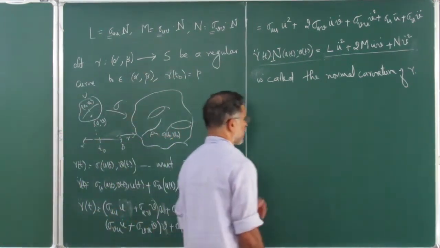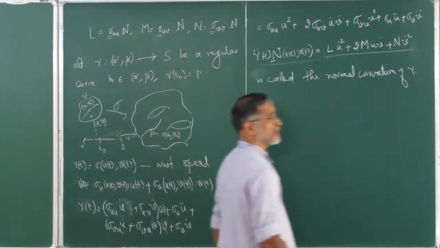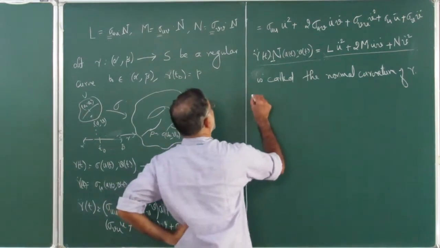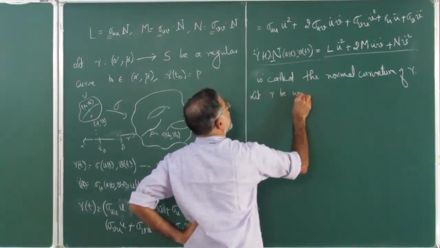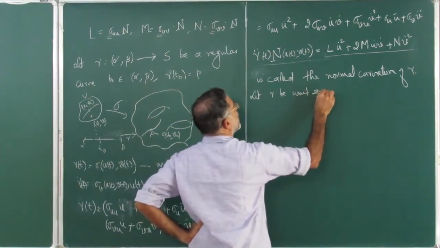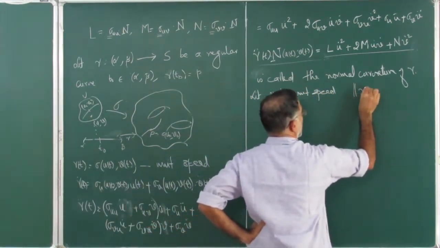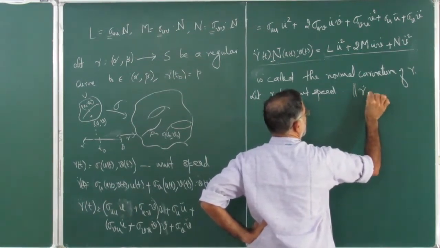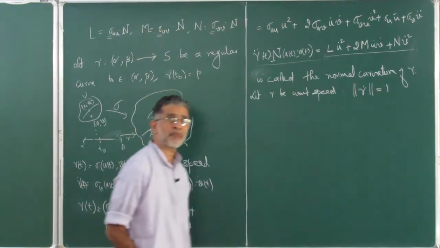So if gamma is unit speed, that means the norm of gamma dot is always equal to 1 at every point.